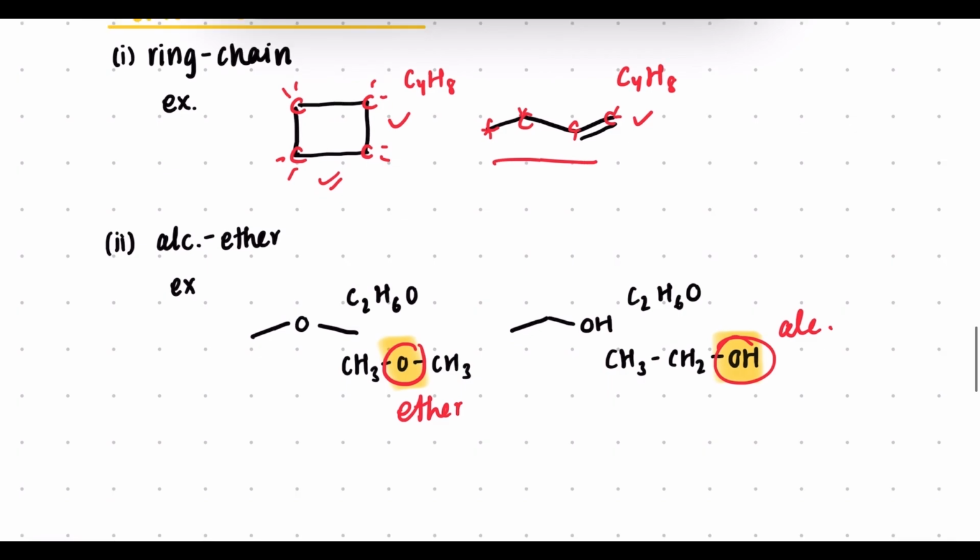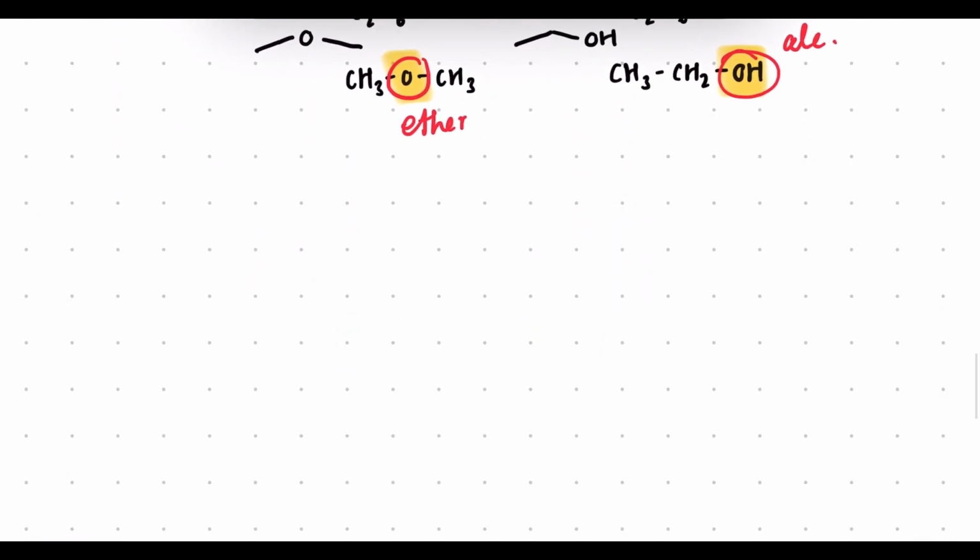Now the next type is very similar to this. It's an aldehyde ketone isomer. So once again, we could go with a pretty simple example. I'm going to go with propanal and acetone.